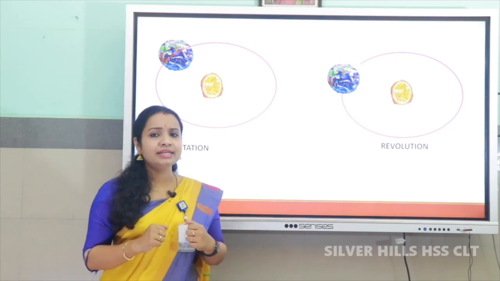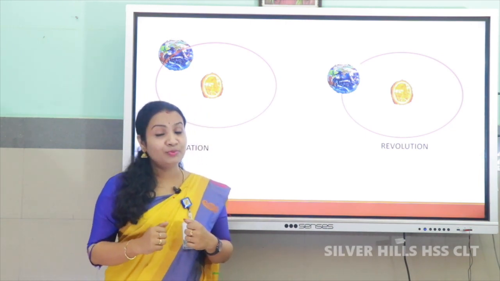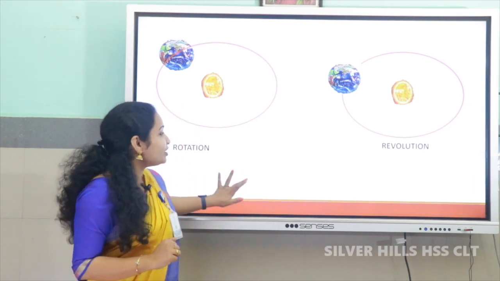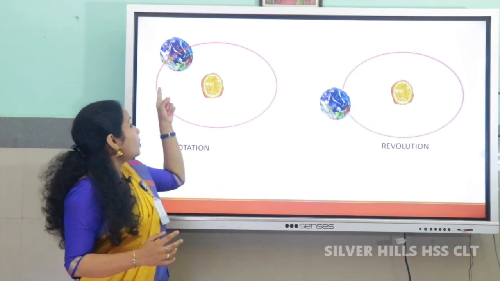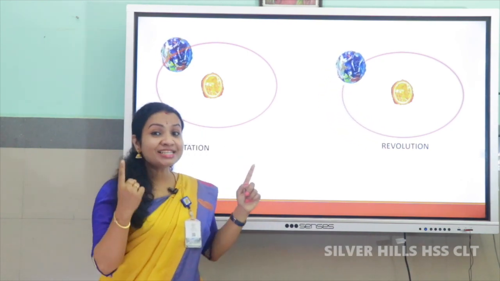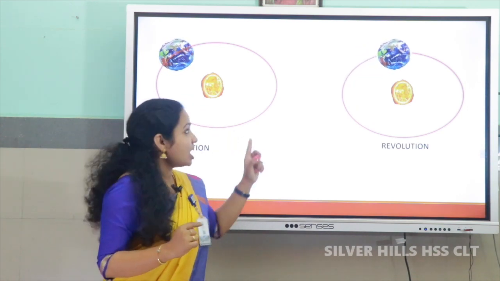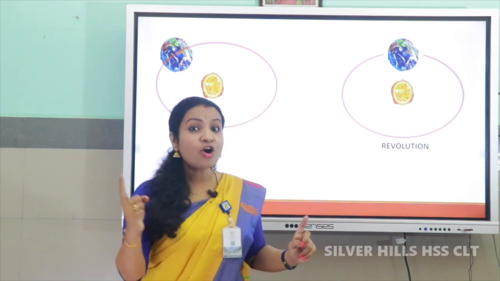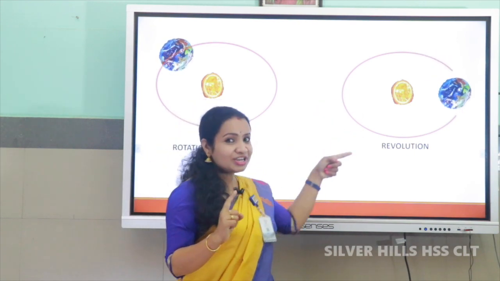Before that, you all might be thinking, what is the difference between rotation and revolution? See children, when a planet rotates on its axis, this is called rotation. Now when a planet moves in an orbit while revolving around the sun, that is called revolution.